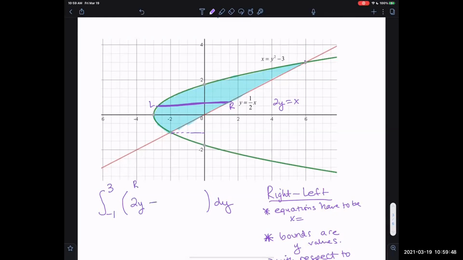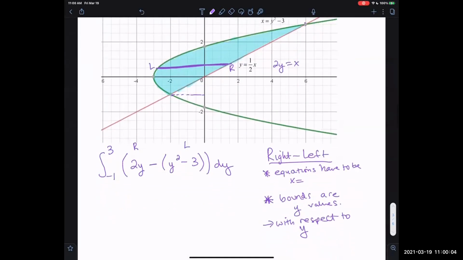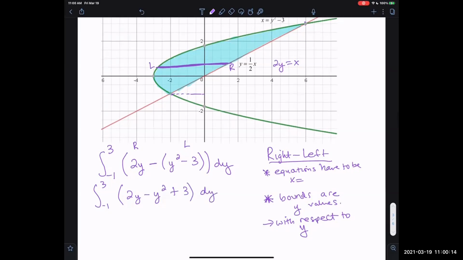That's the right side, minus, and now the left side. And notice I set up parentheses because my equation on the left side is a binomial. Okay, so right minus left. So 2y minus y squared plus 3 dy.